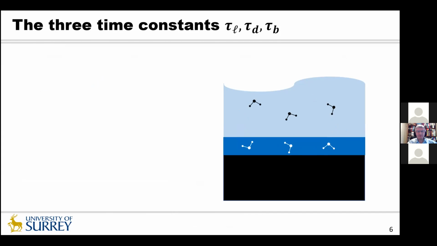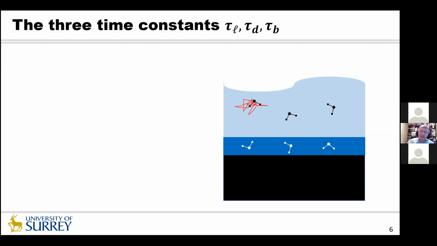Okay, so what exactly are these 3 time constants? These are constants that emerge from the fits to your dispersion data. And we'll see plenty of examples of dispersion data later on. The 3 constants are labeled tau L, tau D, and tau B, hence 3 tau. If we look at the bulk water in the first instance, then the bulk water moves or diffuses.